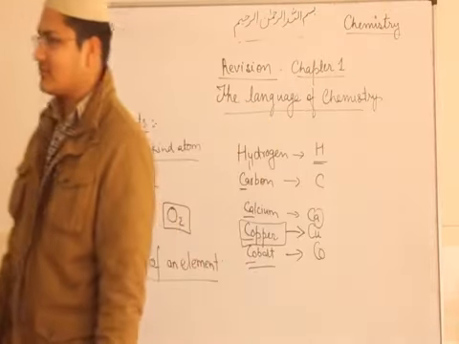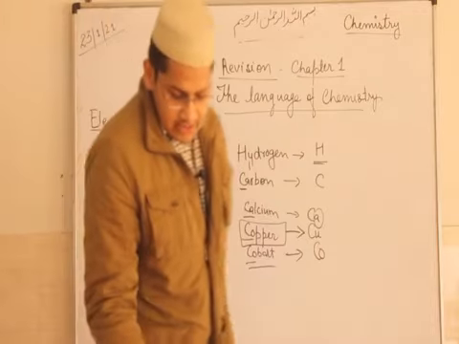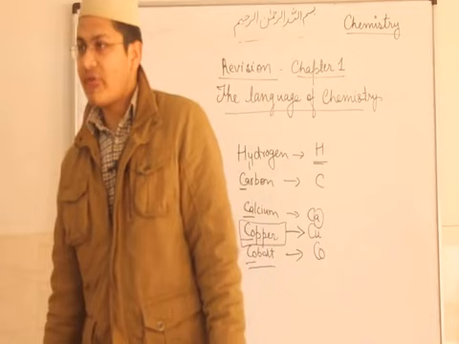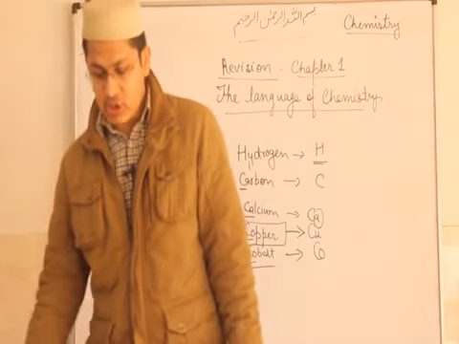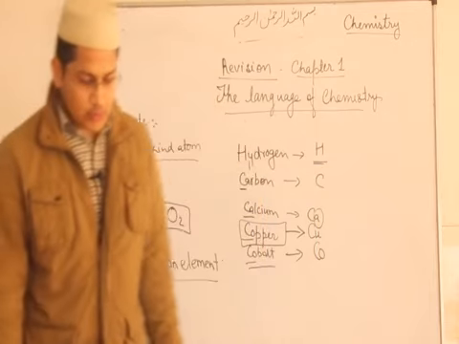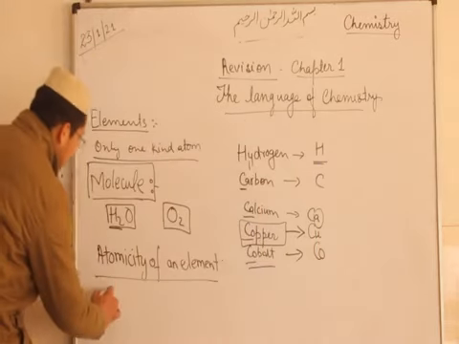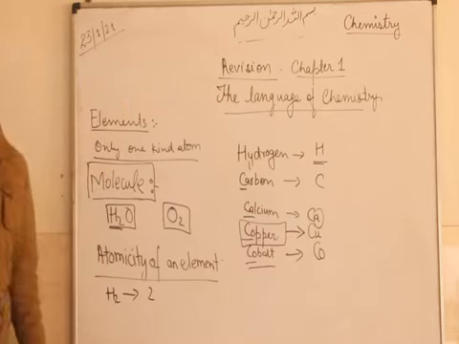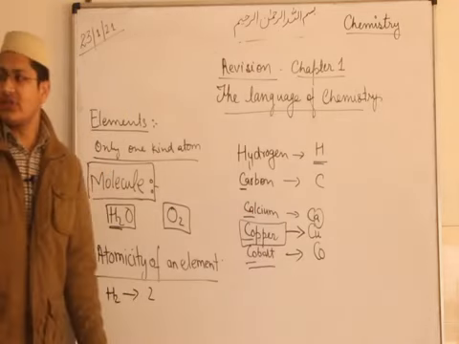Not an element, a molecule of an element. What is the atomicity of an element? It is the number of atoms present in a molecule of an element. For example, H2. The atomicity of hydrogen will be 2. O2 atomicity will be 2.